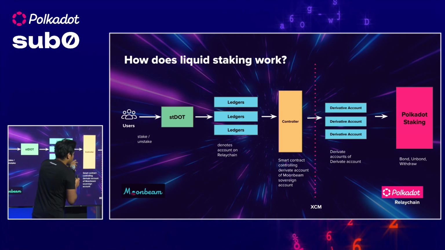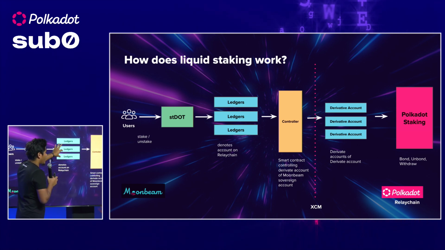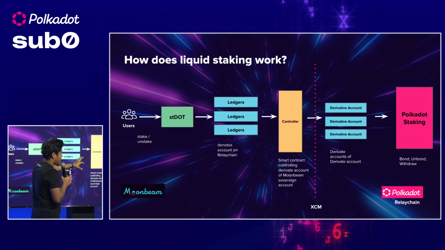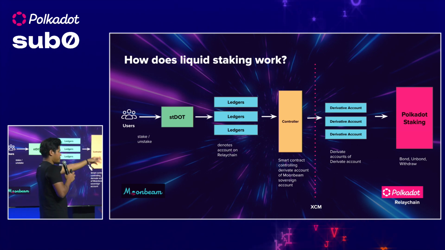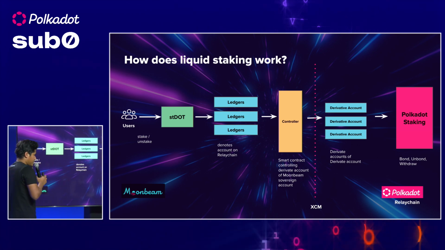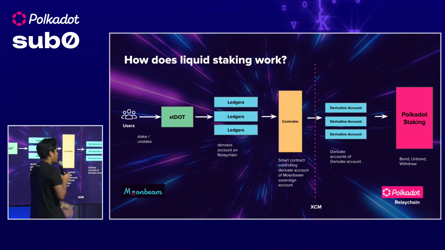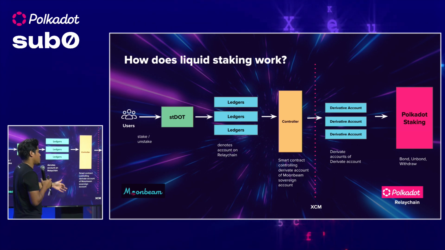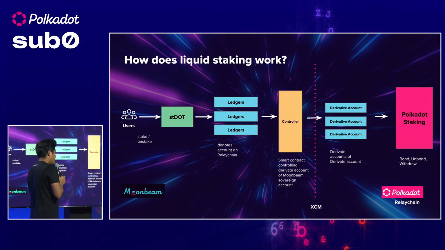The main function of the controller is to execute, to send XCM transfers for both staking and unstaking, so those XCM transfers and transactions are executed at the controller level, which is a child of the Moonbeam sovereign account.